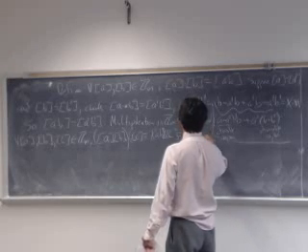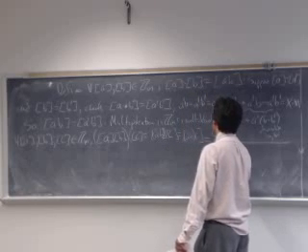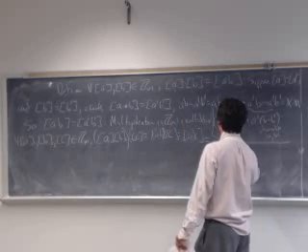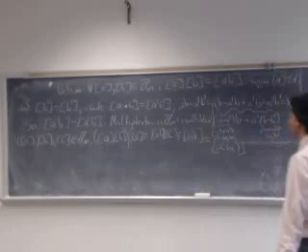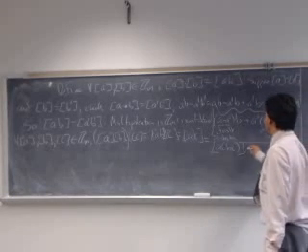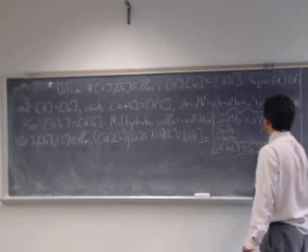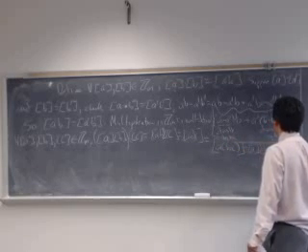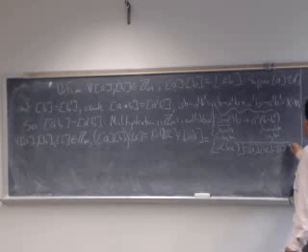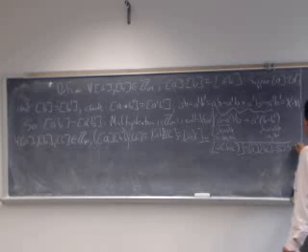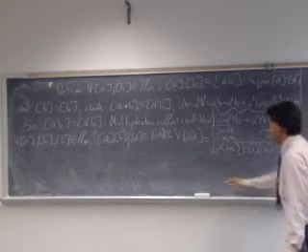And again, using the associativity of multiplication in the integers, we would then have that. But this is really the same thing as A times BC, which is the equivalence class determined by B and C.